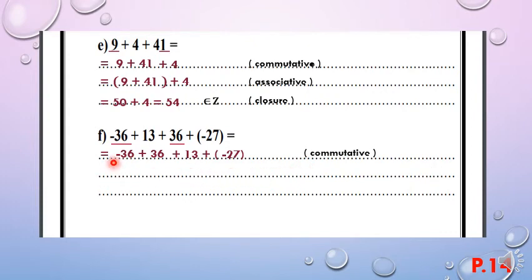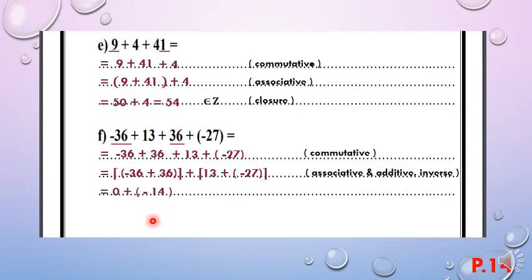Now we are going to put negative 36 plus 36 between brackets together and 13 plus negative 27 between brackets together, which is called associative and additive inverse, because here we have a number and its inverse. Now the result of adding a number and its inverse is 0. 0 plus the result of the second brackets, which is negative 14. So here we have additive identity. 0 plus negative 14 equals negative 14. This negative 14 belongs to Z, that is closure.